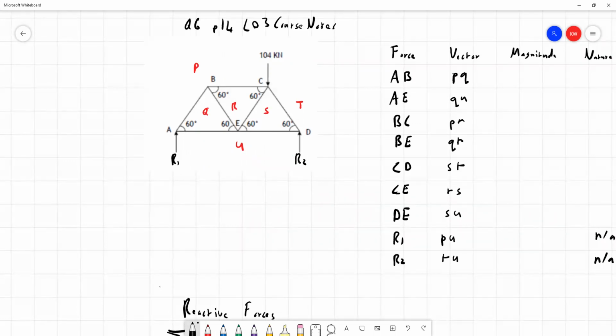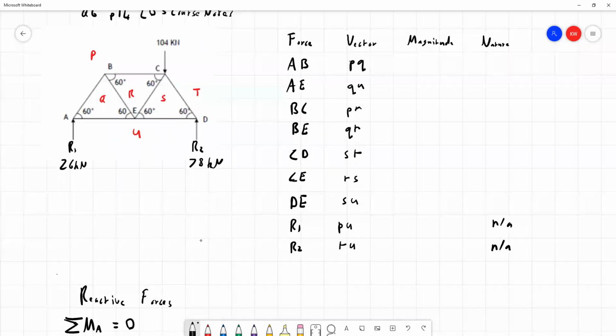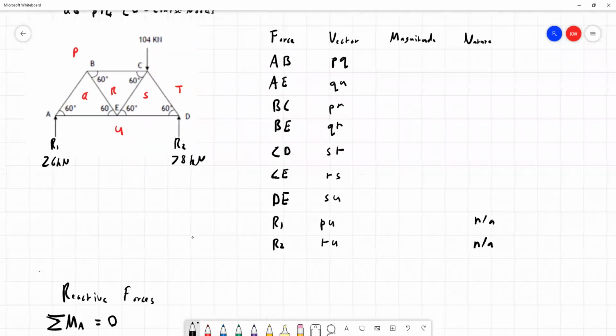R1 is 26 kilonewtons and R2 is 78 kilonewtons, and that's going to give us a starting point for Bow's notation. And I'm going to record these magnitudes here in our table as well. So we have 26 kilonewtons for R1 and 78 kilonewtons for R2. I'm going to have two starting points, which will allow us to make use of Bow's notation and analyze the rest of the structure.